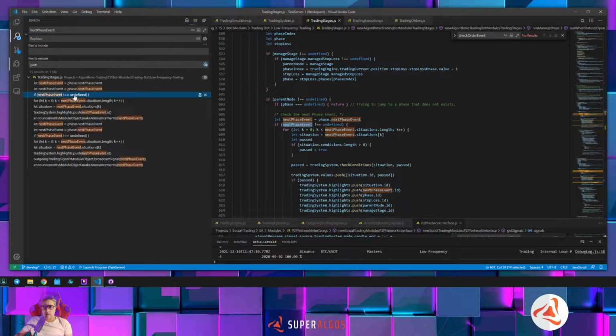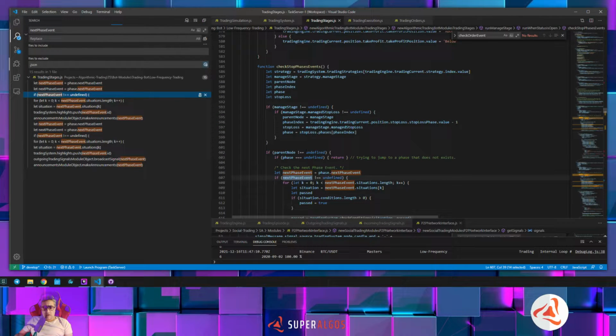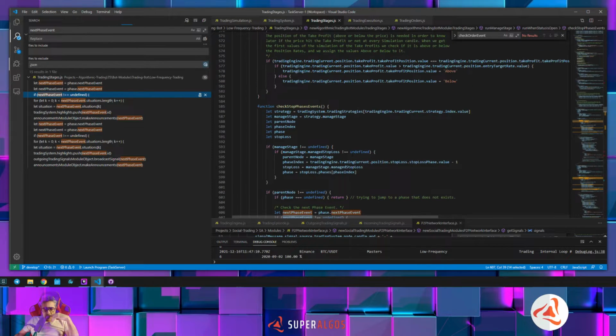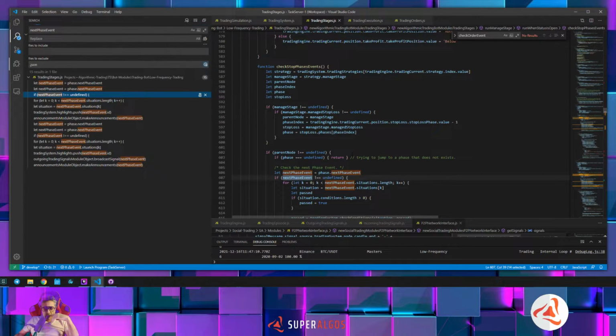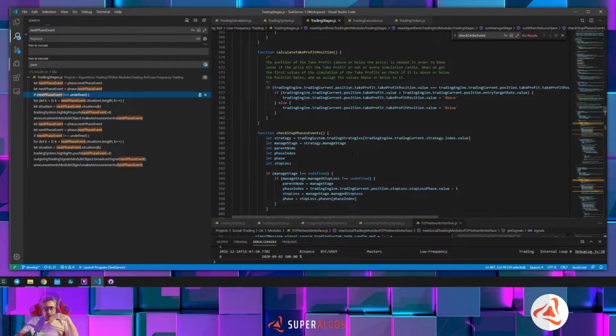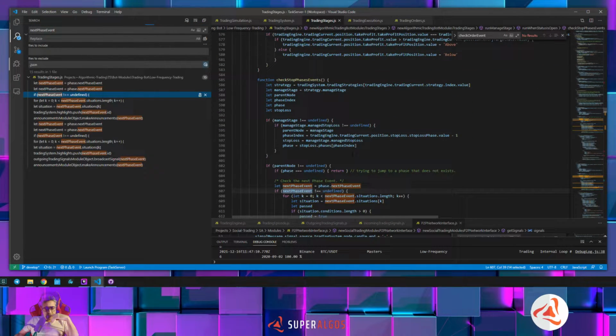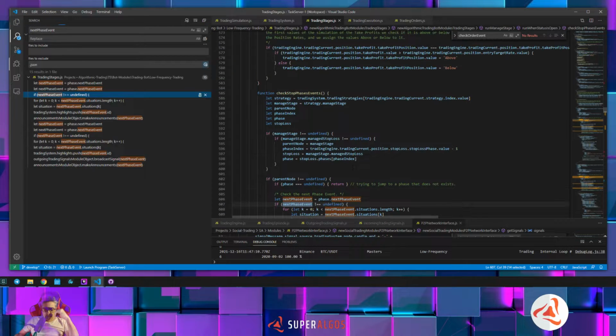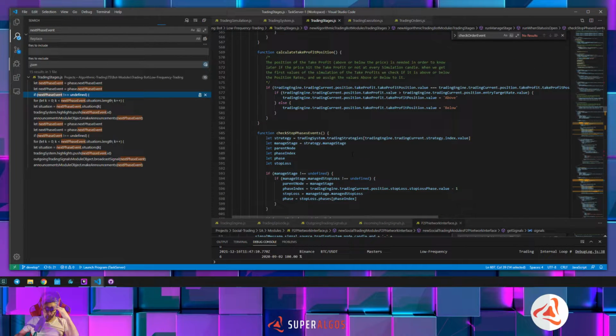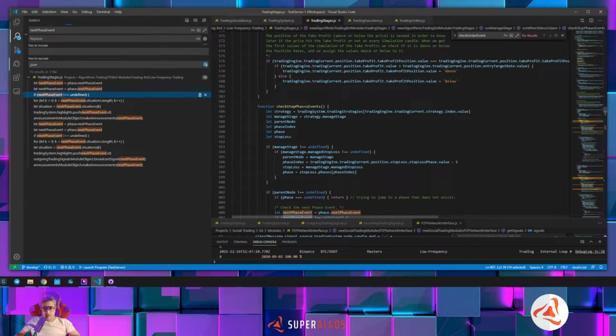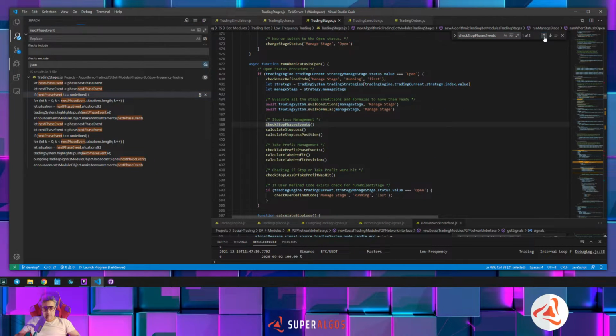Well, check stop phases events. Well, it was not that far. And this code looks very similar to the one of the trigger on. Yeah. So check stop phases event. Who is calling this guy?